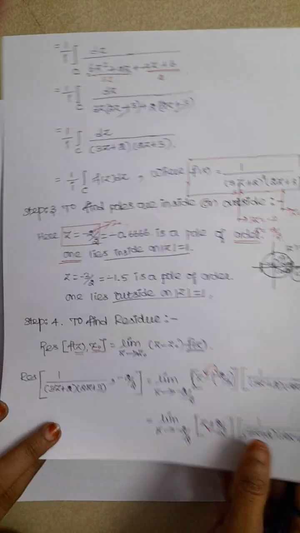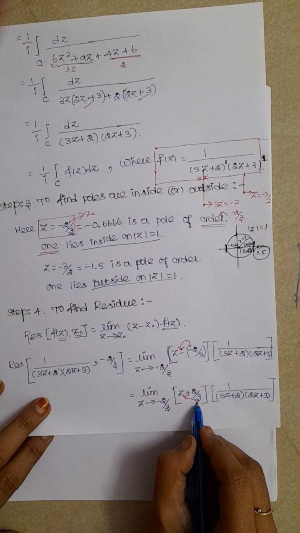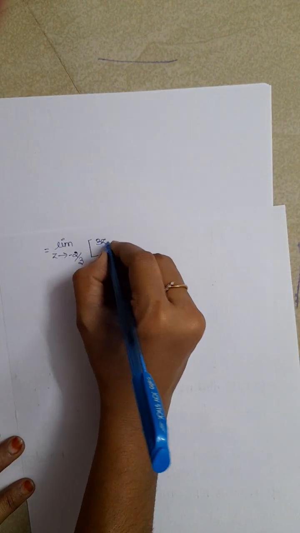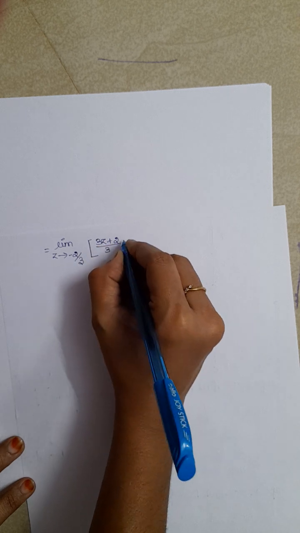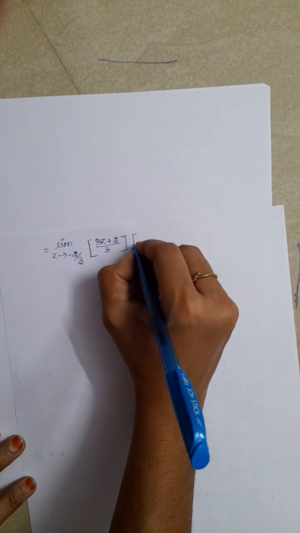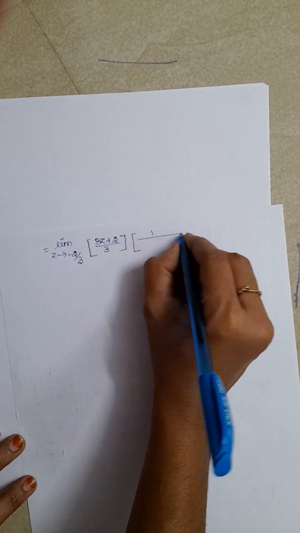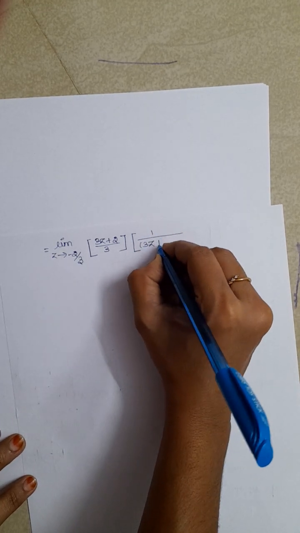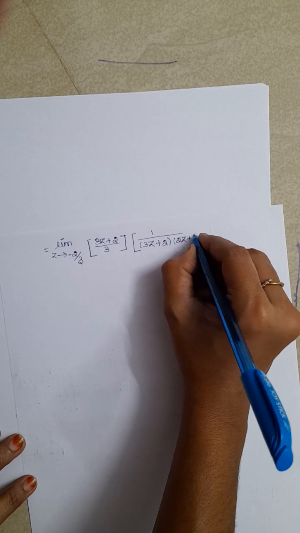So the limit is the same, z tends to minus 2 by 3. You can take the cross multiplication. The cross multiplied value is equal to z plus 2 by 3, so 3 into (z plus 2 by 3), which is 3z plus 2, into f(z) value. The f(z) value is equal to 1 by (3z plus 2) into (2z plus 3).